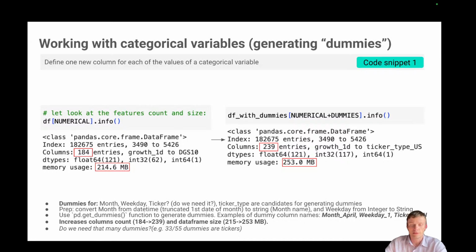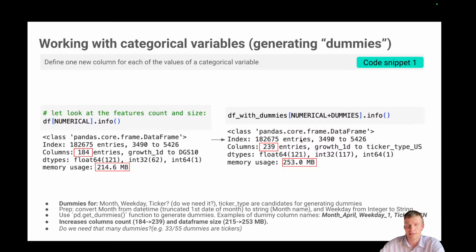Okay, now let's create categorical variables. Before I go to the code snippet, I want to highlight that before having dummies, we had 184 numerical features, and all features were of type float or integer, and the whole data frame, which consists of about 182,000 records, had 200 megabytes of memory.